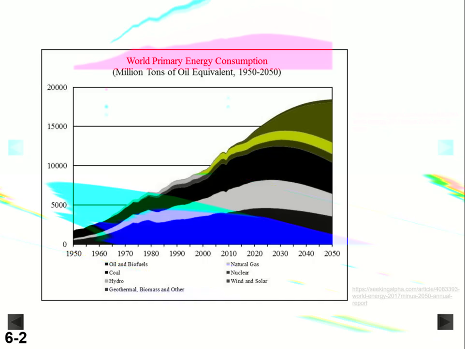And it shows that there's large amounts of energy produced by oil and biofuels, as well as coal and biomass and natural gas. And these are all chemical transformations. All of these involve combustion. So we're looking at energy flow during combustion processes and harnessing that energy flow to do work.